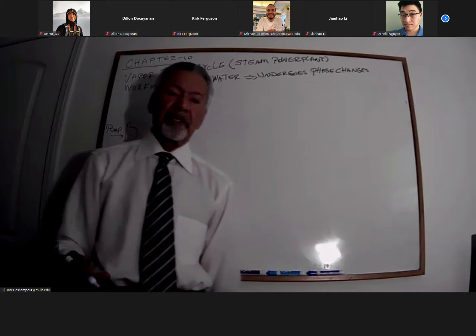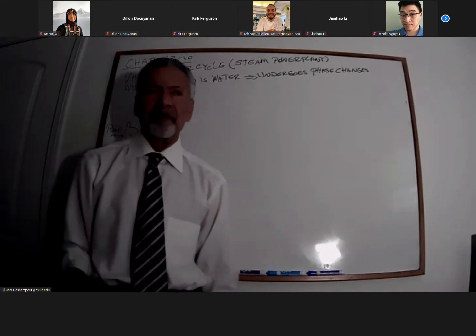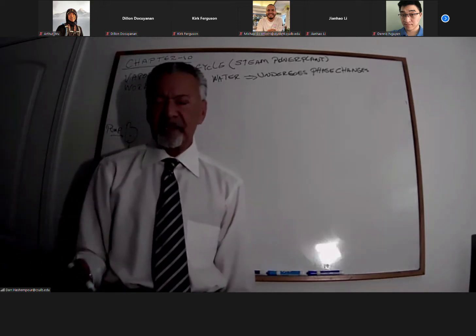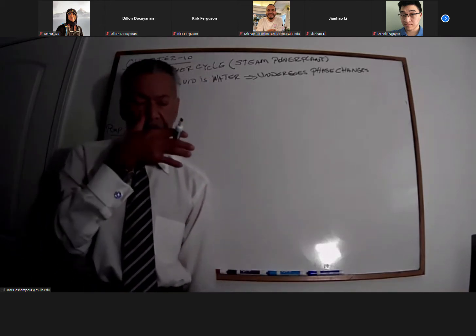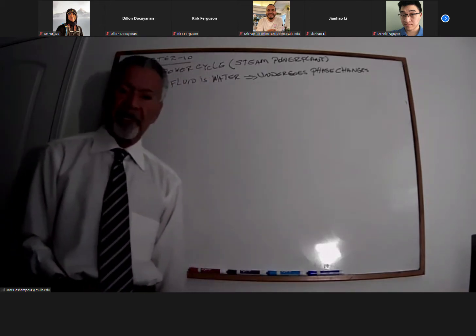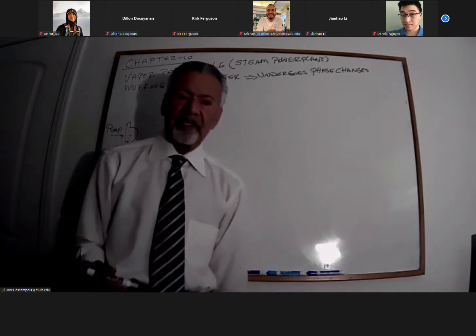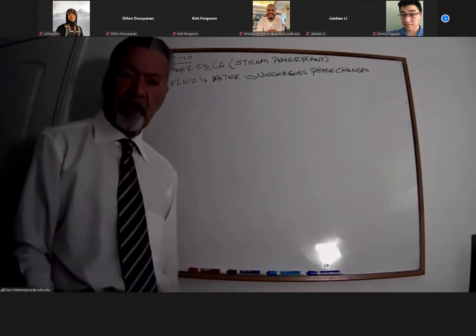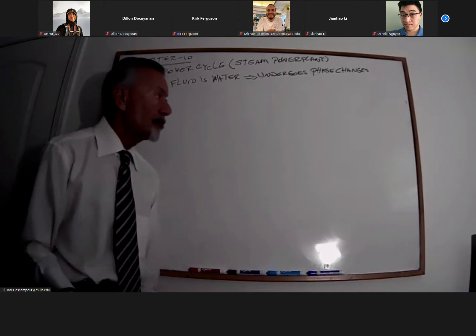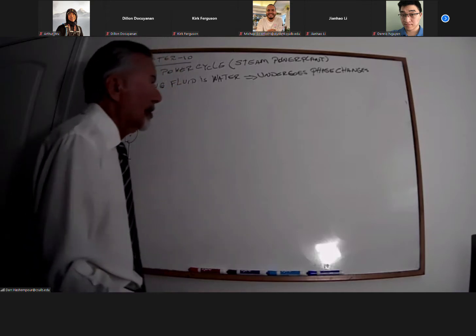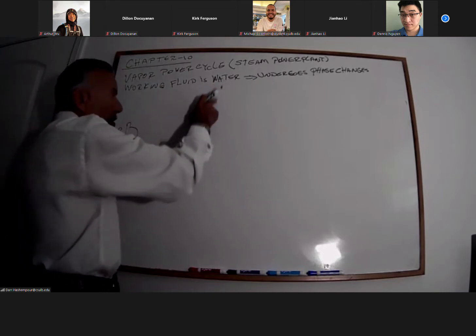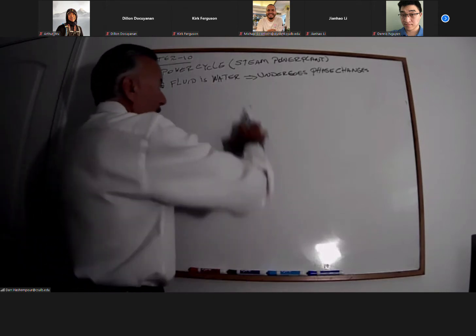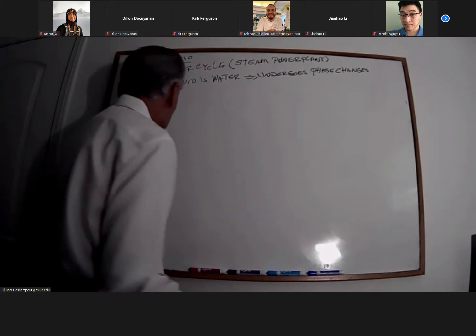It gets to a point where it acts like a gas. It's not a gas, but it's considered so, at high temperature and high pressure. And that is a vapor, and that's what we use to run a power plant, to run a steam power turbine. So remember that. The working fluid is water for this chapter, and that water goes through phase changes.